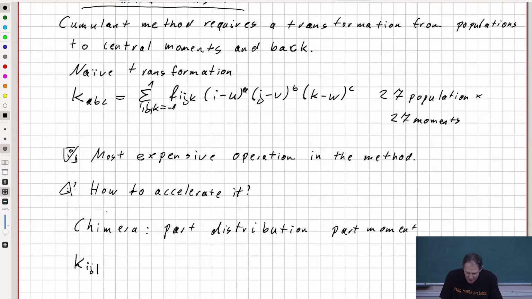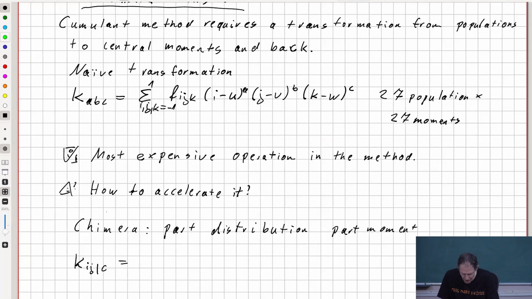So let's say we want to transform the populations f_ijk into central moments. So I write K, but I leave the indices i and j, meaning that I leave populations in direction i and j, and I do the sum only in the z direction. So here I write already c, because I do the sum in the z direction, but not in the x and y direction.